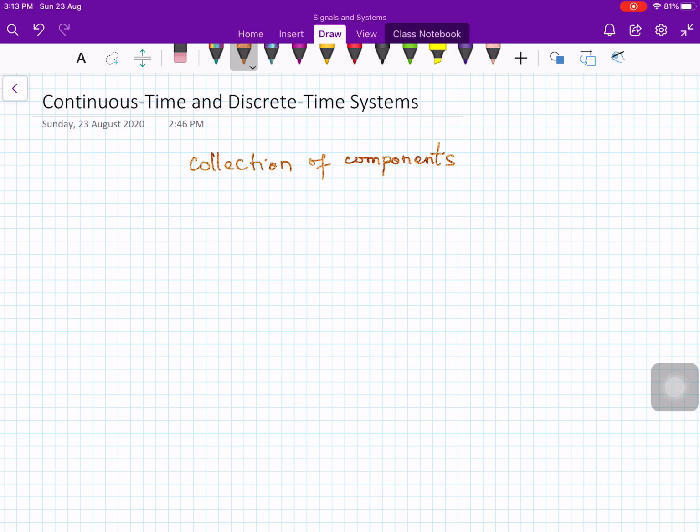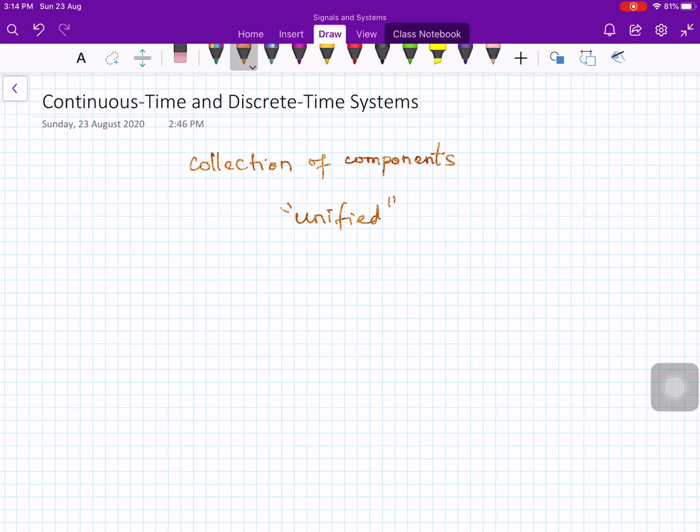So these system components are unified through some kind of interdependence among them. They react with each other, so the whole system functions as a whole to serve a particular purpose.